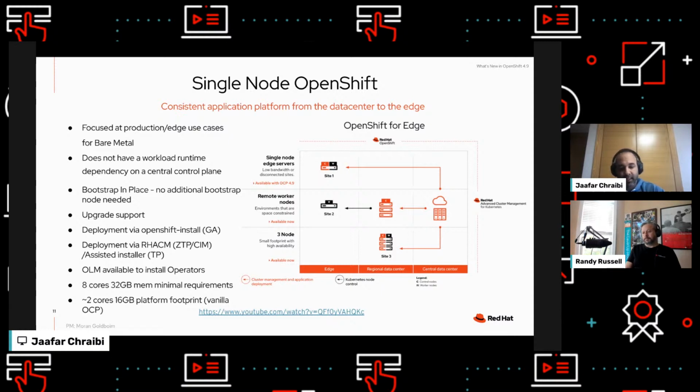What you don't get, of course, is high availability, because everything is running on a single machine. But other than that, all the other features of a traditional OpenShift cluster are available. Even upgrades, you can go ahead and upgrade through the regular channels. That's a great thing, that we are able to support that.